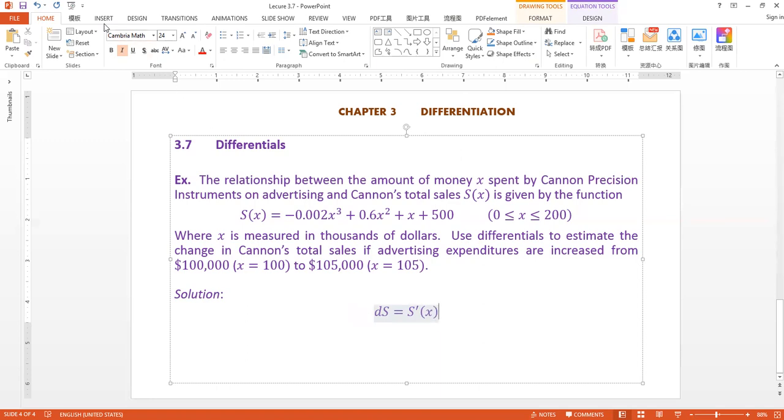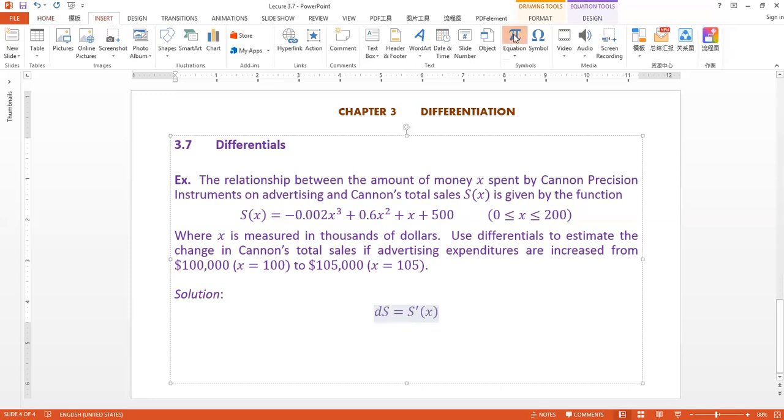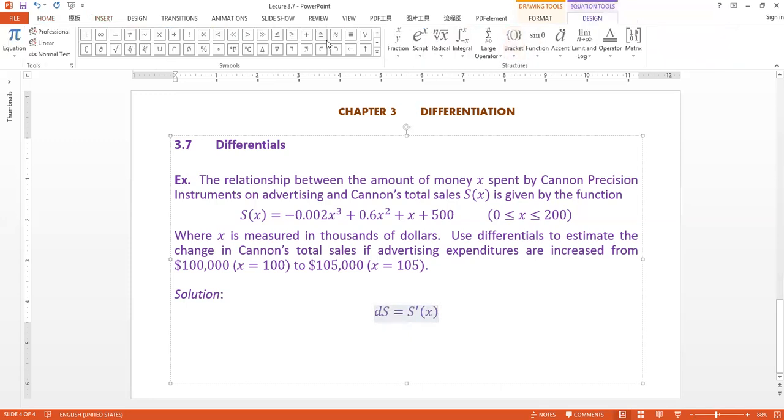Okay, so we can use delta x to denote this increment in x. So that's just the definition of the differential of S.